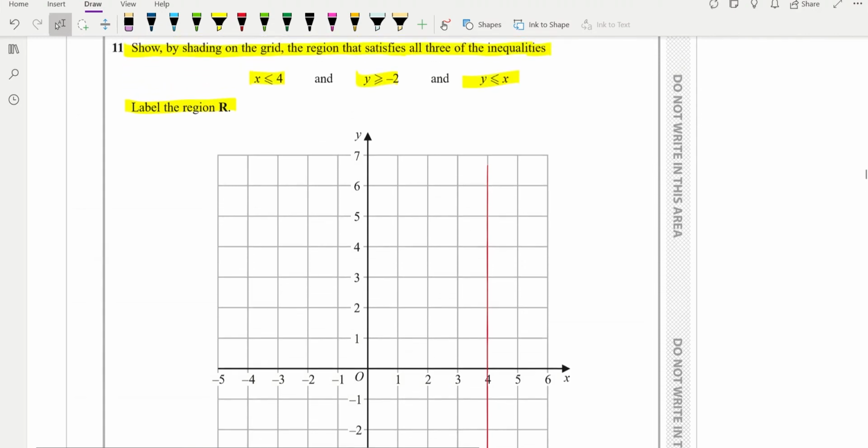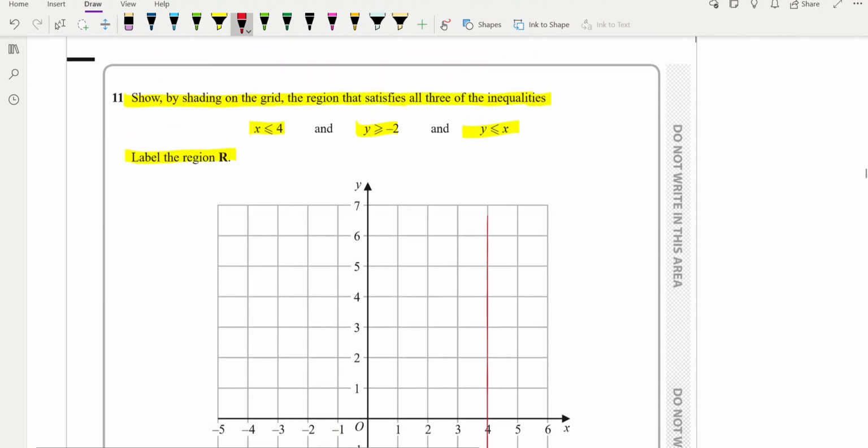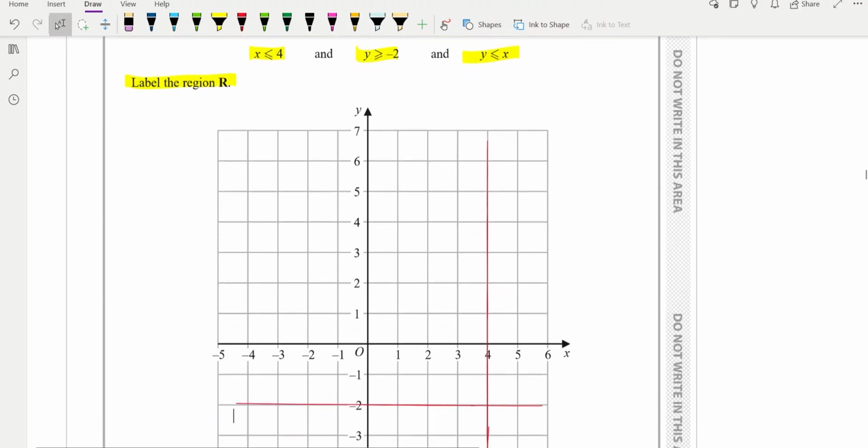Then the second inequality is y is greater than or equal to minus 2, which will be this line we draw over here. And the third one is y is less than or equal to x. So y equal to x: we can take the points 2 and 2, and minus 2 and minus 2. If we draw a line like this, this will be the line.